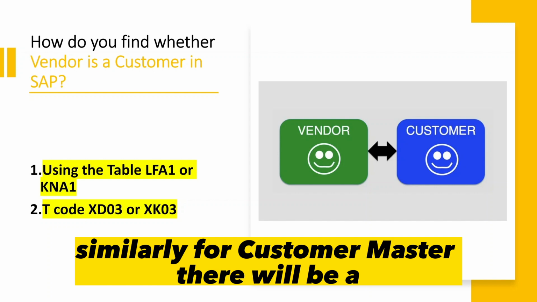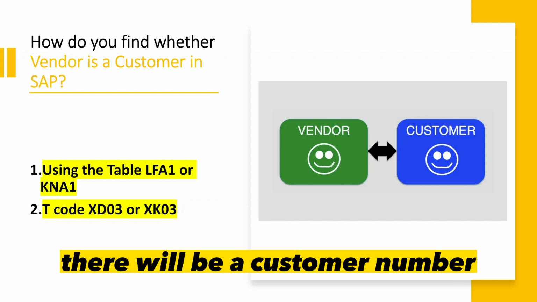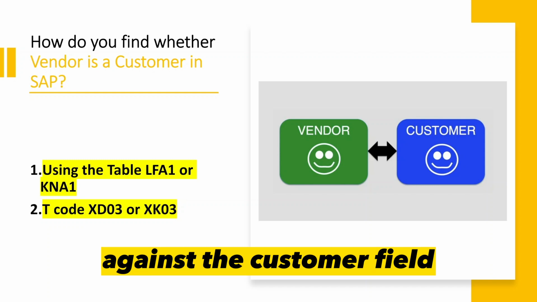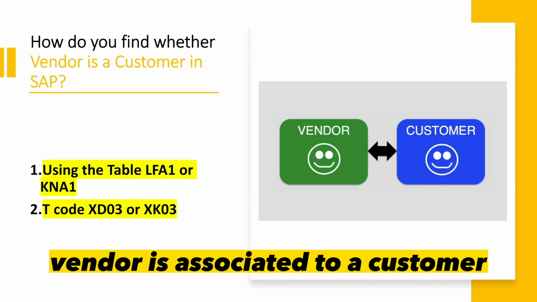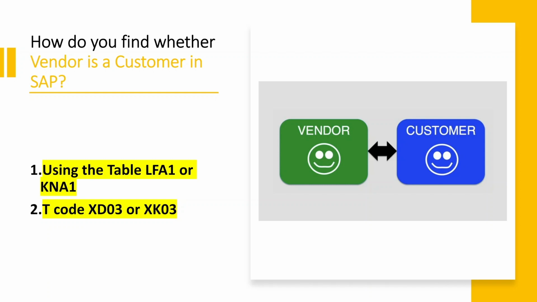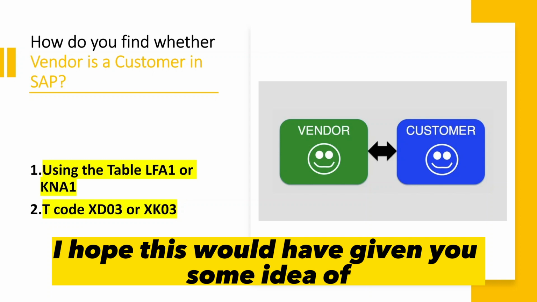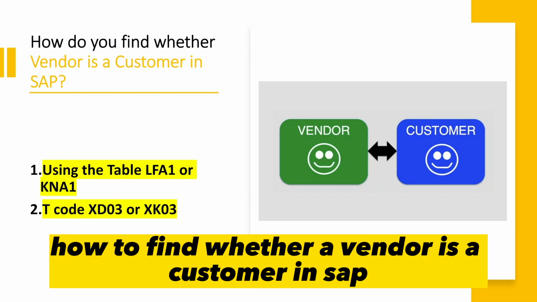Similarly, for the vendor master, there will be a customer number against the customer field. That's how you find whether a particular vendor is associated to a customer, or a particular customer is associated to a vendor.